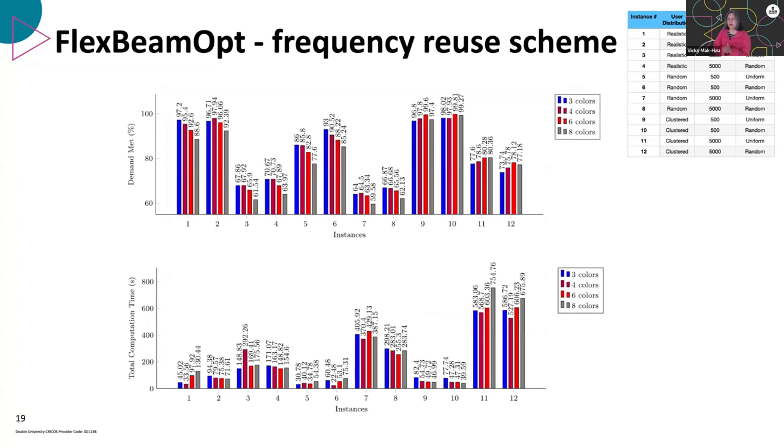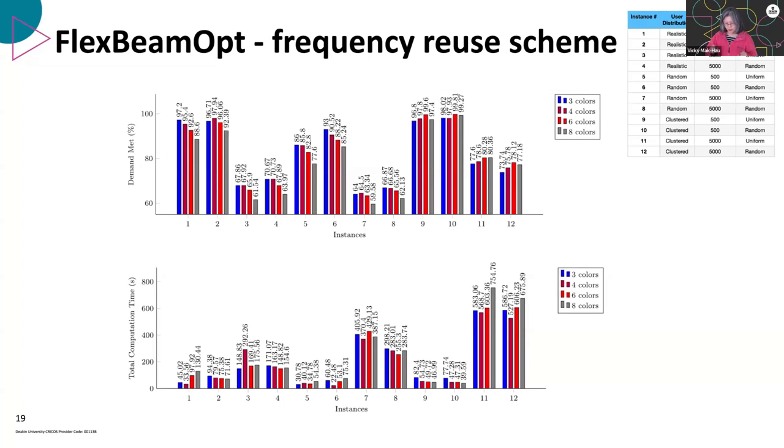And we also experiment with different frequency reuse schemes. If you remember, I mentioned colors earlier. The colors are so that we call a beam a channel. For a 4-color scheme, if we have polarization, we could chop the bandwidth into 2, and then with polarization, we get 4 colors.